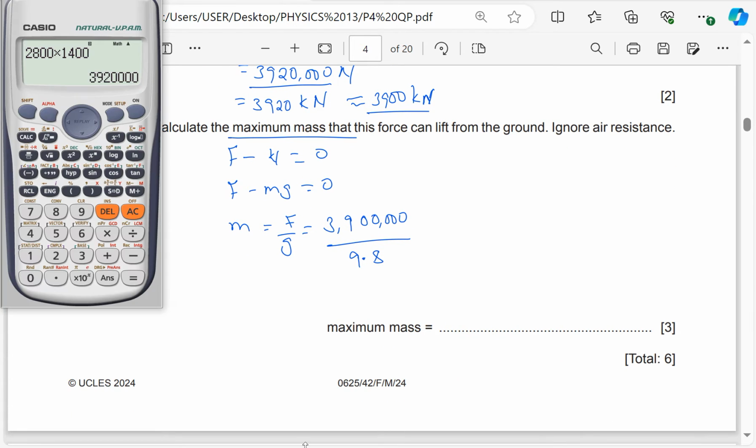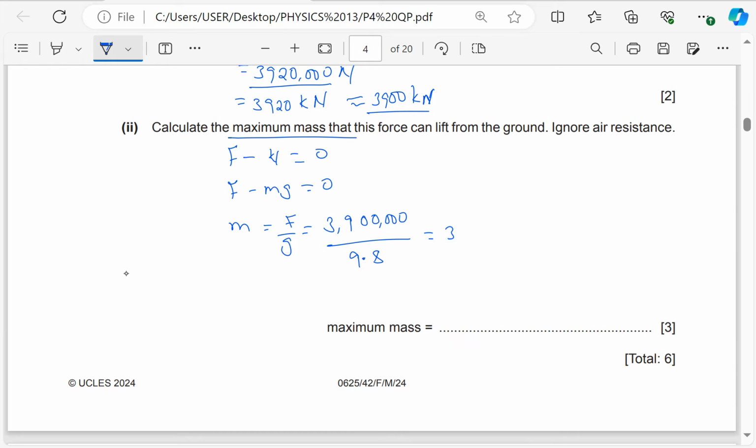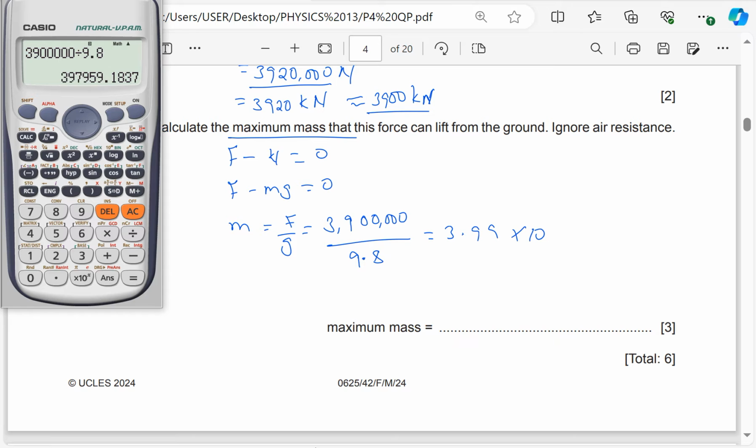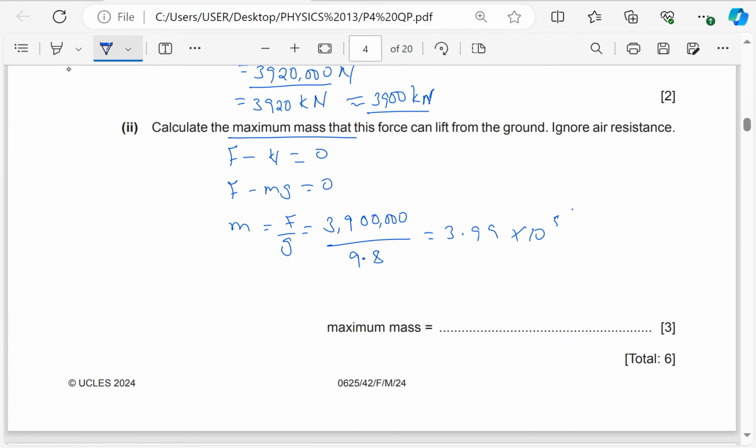So 3,900,000 divided by 9.8 is 3.99 times 10 to the power of 5 kilograms. Or you can round off to 4.0 times 10 to the power of 5 kilograms.